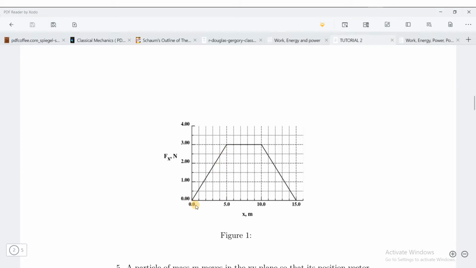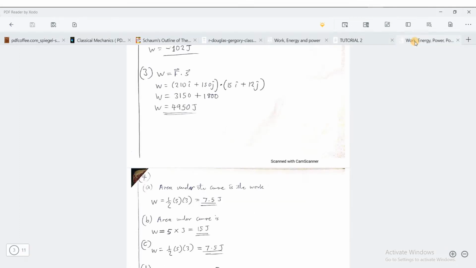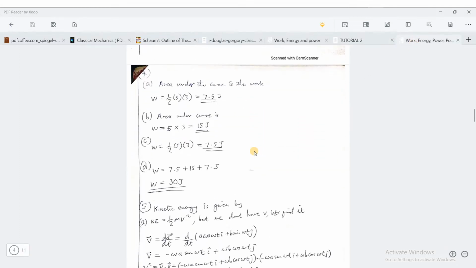So we say half, our base is just from 0 to 5. So half base, this base here, and height is just from this point all the way to that point. So height is 3, base is 5. When you look at the solution here, you find that the area under the curve is just half base times height, which is what we've just talked about.